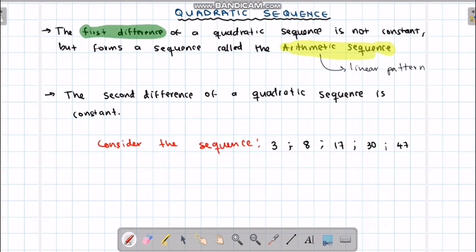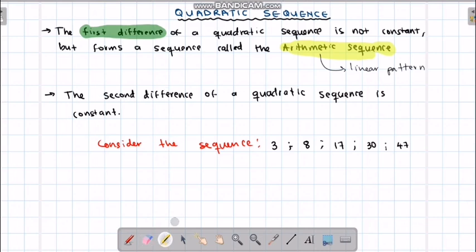So how do you see that a pattern is quadratic? By its second difference. Our bullet number 2 says the second difference of a quadratic sequence is constant.